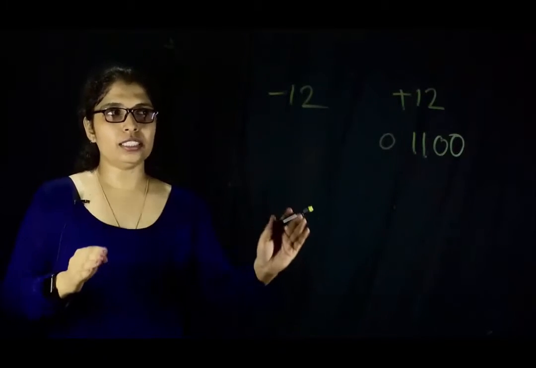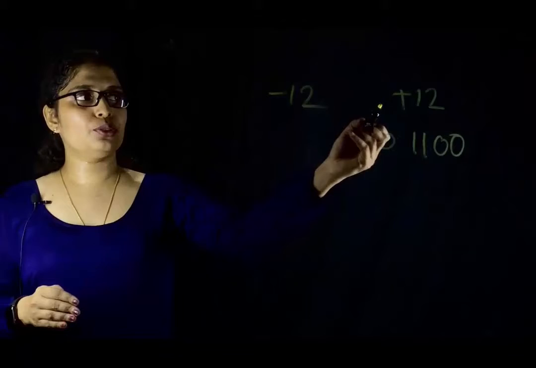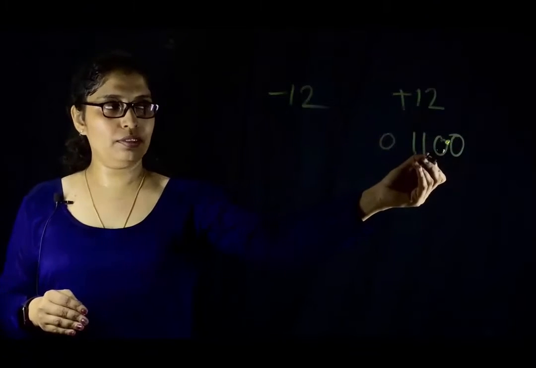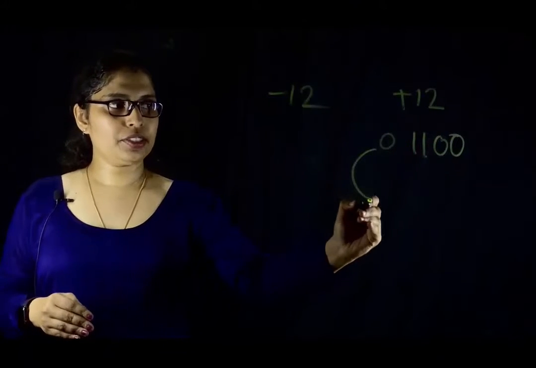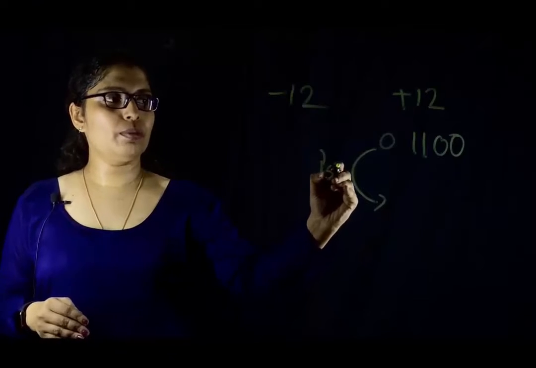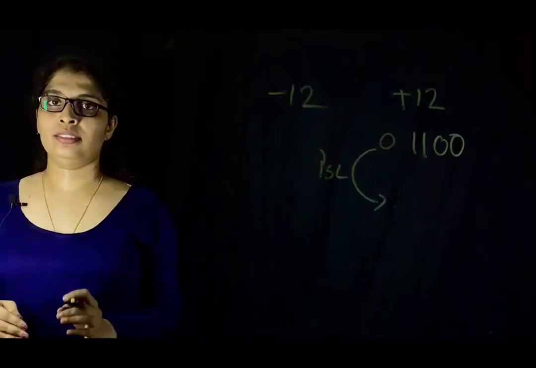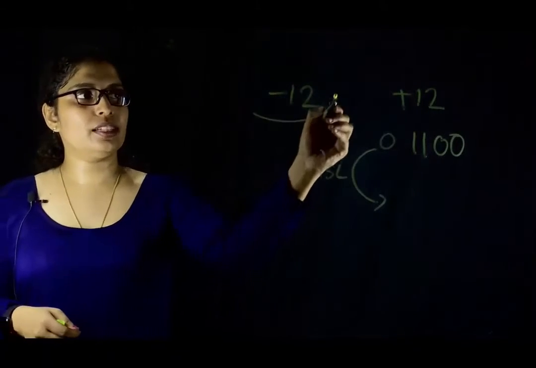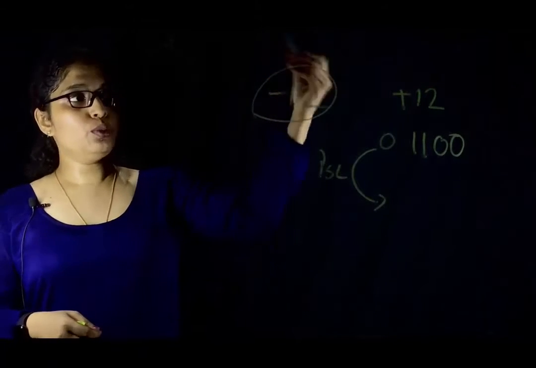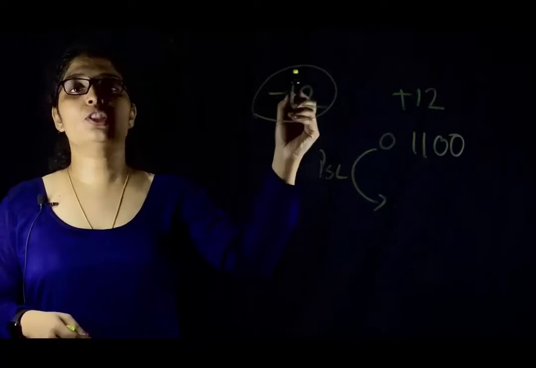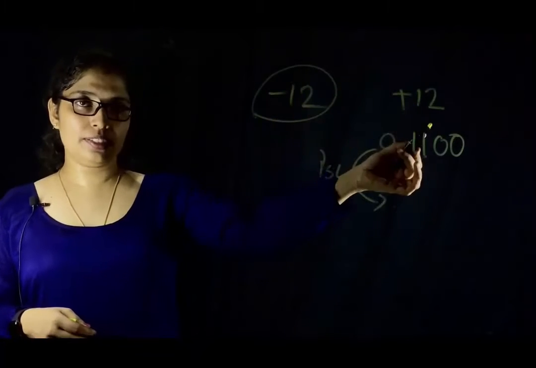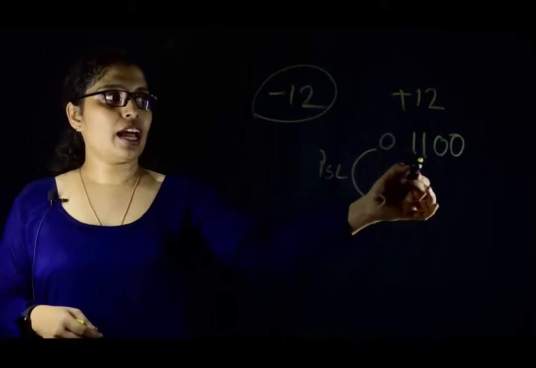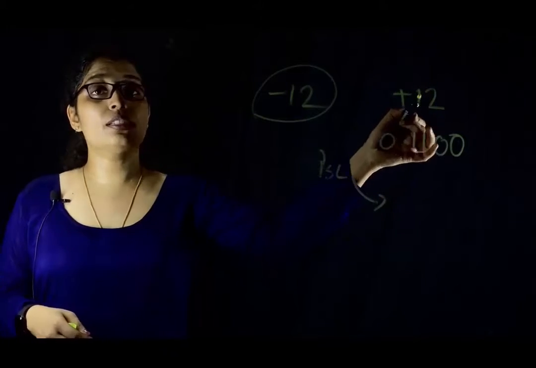After getting the signed magnitude form of positive 12, we can stop here. Next step, get the 1's complement form of this pattern. Actually our question is getting the 2's complement form for minus 12, and the first step is to write the signed magnitude form of positive 12.